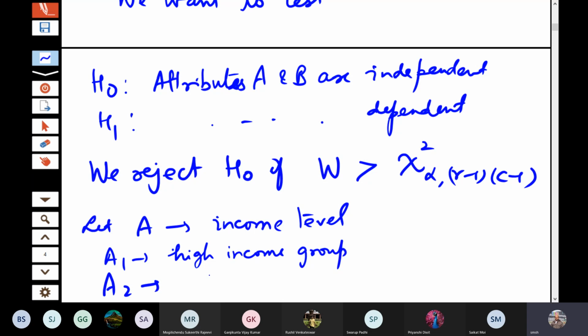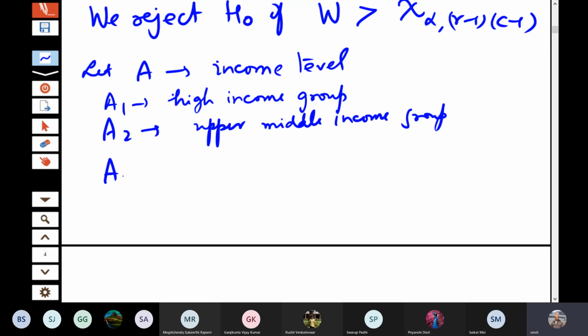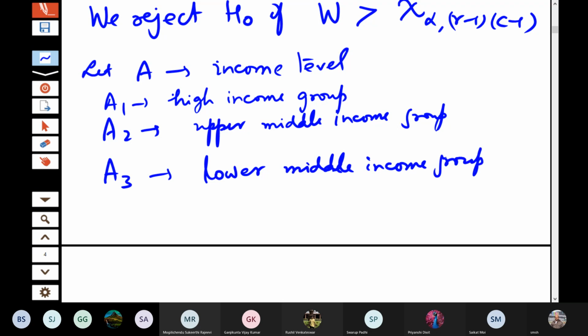A2 is say upper middle, and then we have say lower middle, and A4 is say low income group.